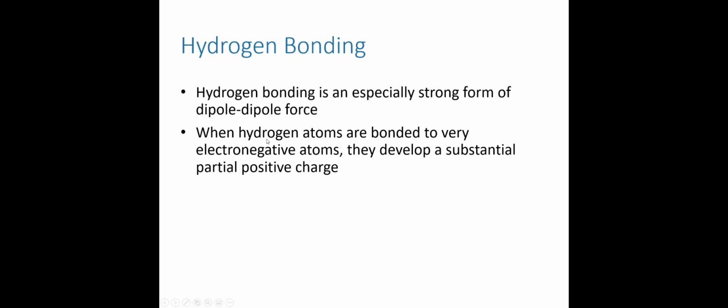Hydrogen atoms are quite small, and when they bond to very electronegative atoms, those small hydrogen atoms become just very tight little centers of positive charge. So they're not just partially positive, they're very partially positive. We don't really indicate that any differently with our symbols, but it's just something we need to know.